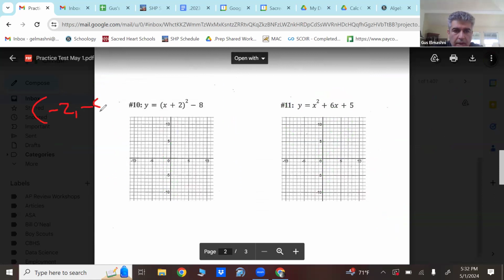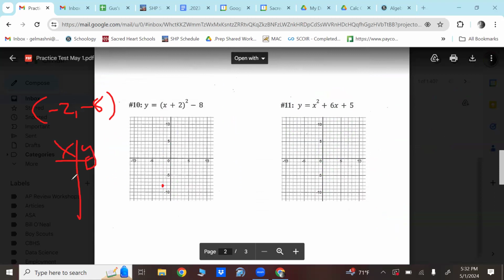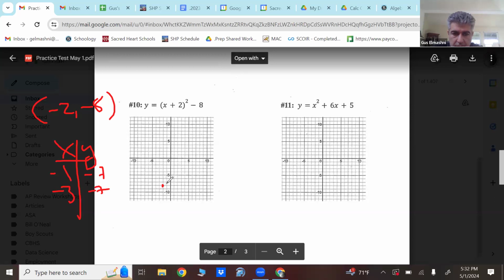So same thing here, negative 2, negative 8. Again, choose numbers on each side. Plug in negative 1, I get negative 7.